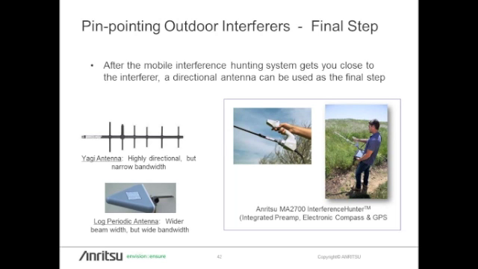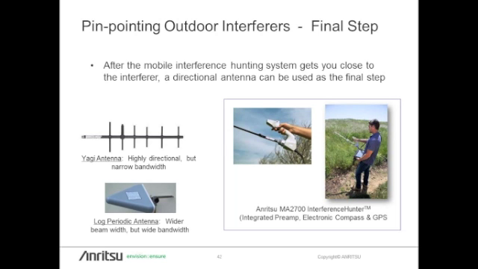So for pinpointing, as I mentioned, this is a picture below on the top left of the Yagi antenna. It's very directional, but narrow bandwidth, so you may only get tens or maybe 100 megahertz bandwidth from it.